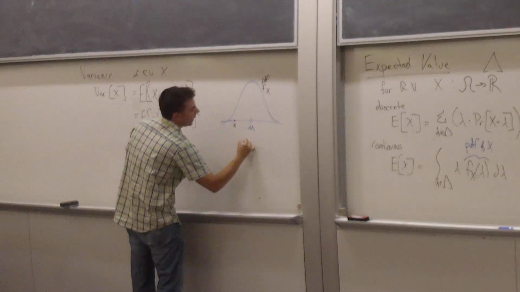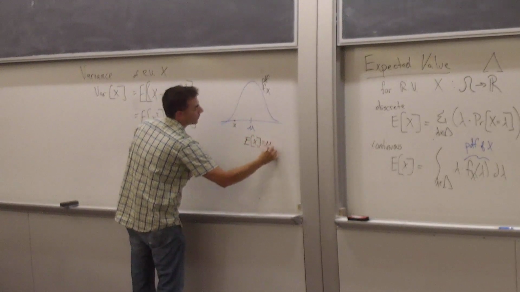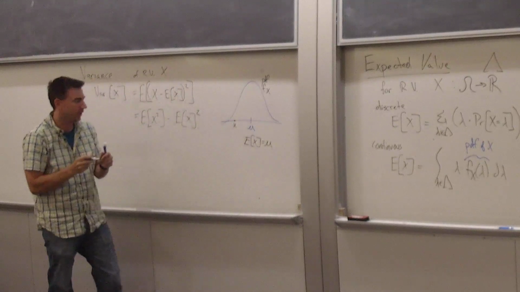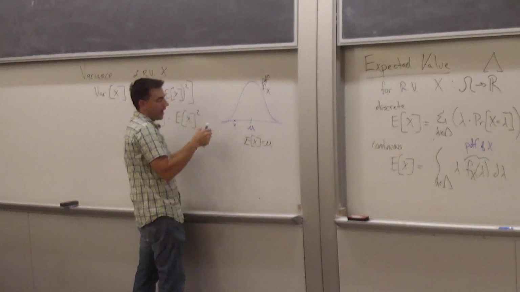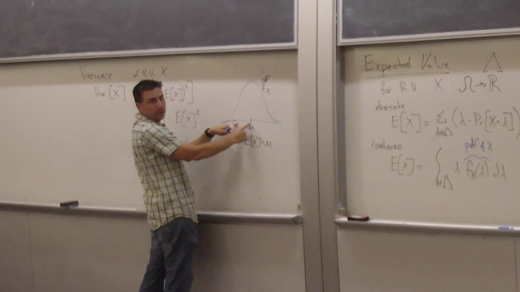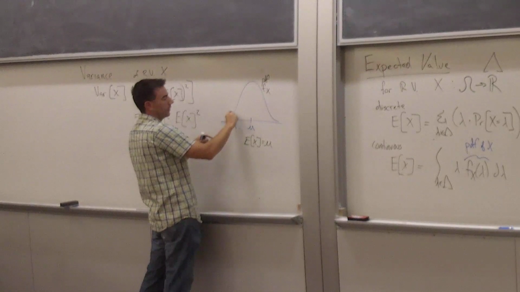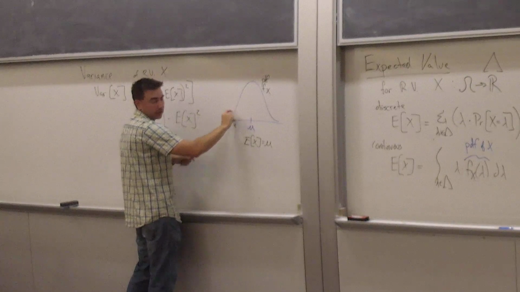I know that the expectation of x is equal to mu right here in the middle. As I vary over here, I'm writing down the distance from mu, and since it's an expectation, I'm weighting it by the height function.